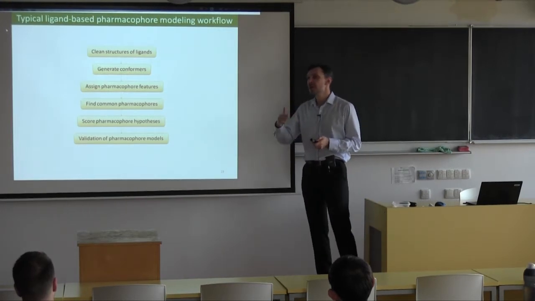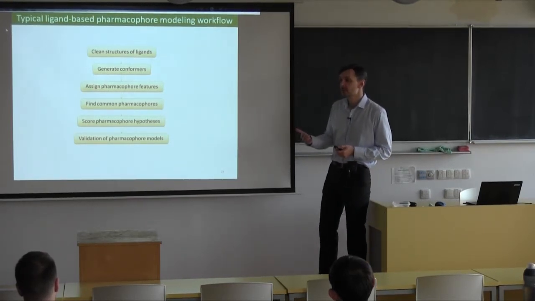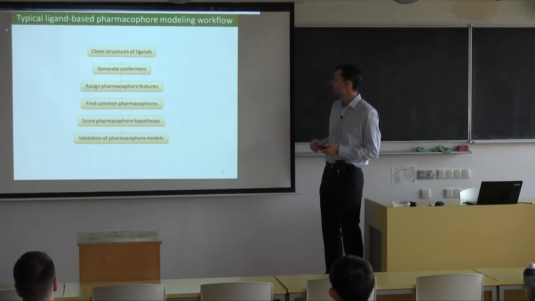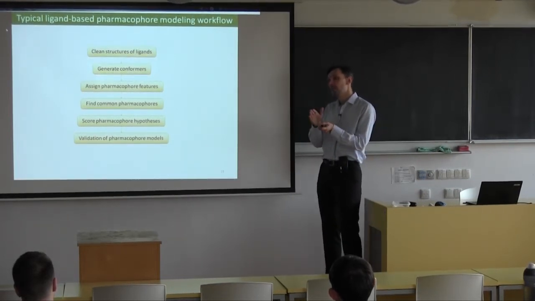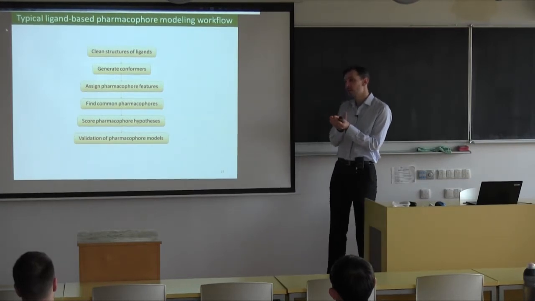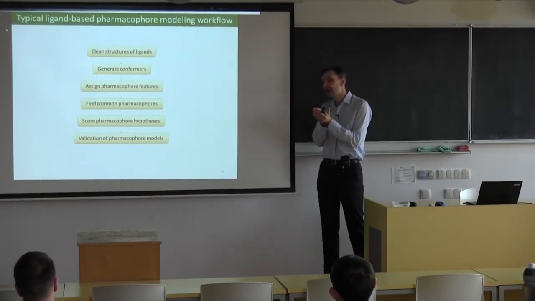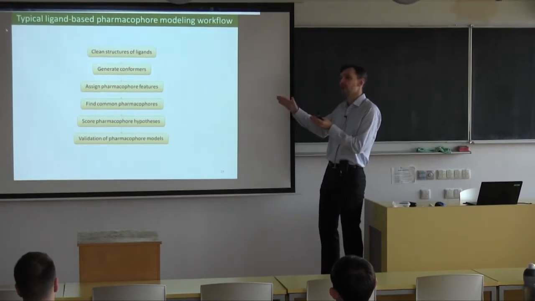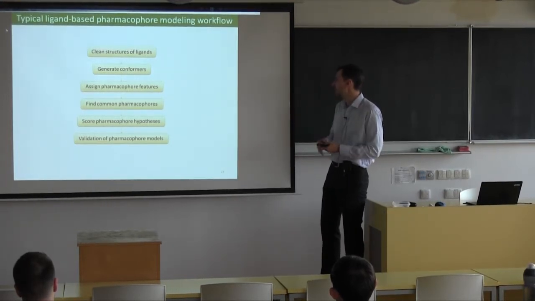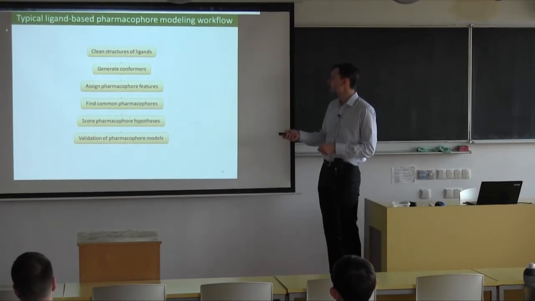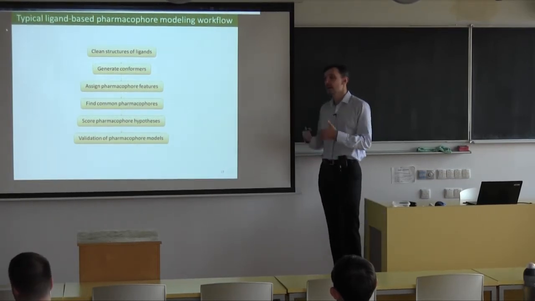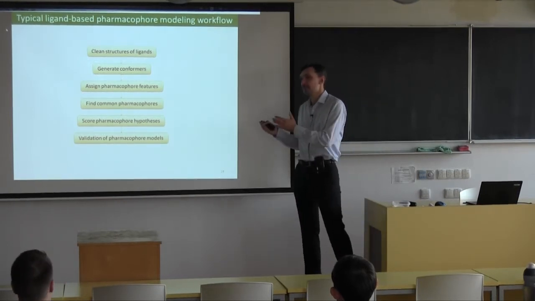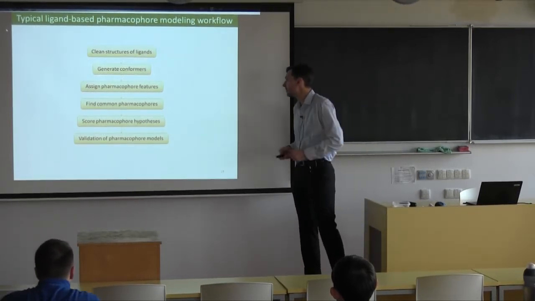Then you generate reasonable conformers for them, assign pharmacophore features to each conformer, and then try to align these conformers of different compounds one by one, in order to find the common features which map all the active compounds you align. Then you need to somehow score these pharmacophores and validate them on an external test set to be sure that they are really reasonable.